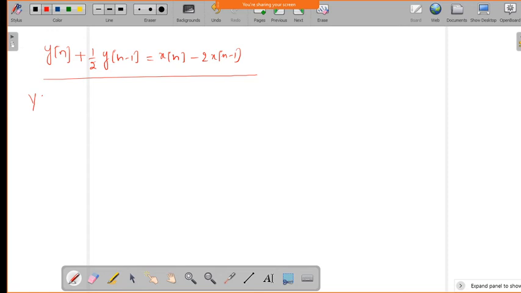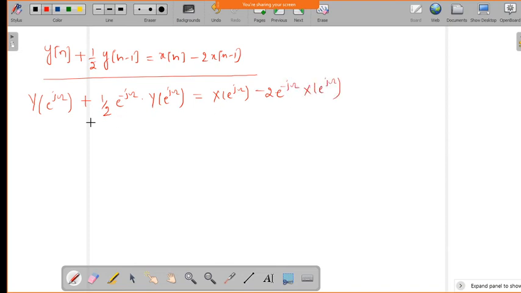So we will get Y of e power j omega plus half into e power minus j omega into Y of e power j omega, which is equal to X of e power j omega minus 2 e power minus j omega into X of e power j omega.